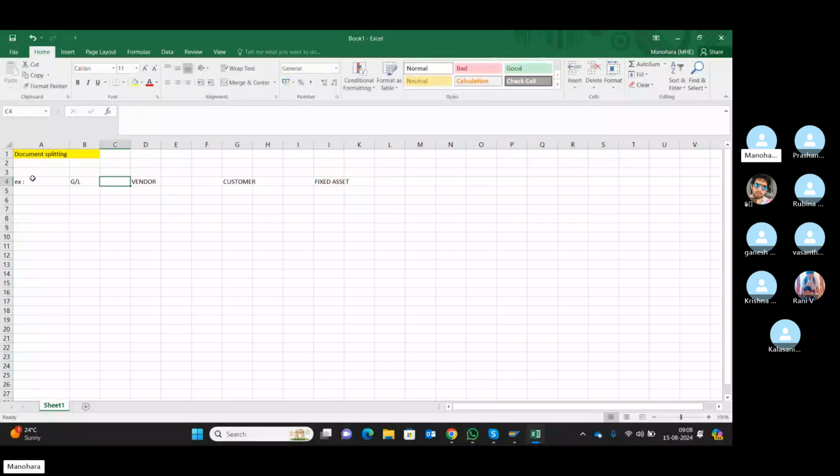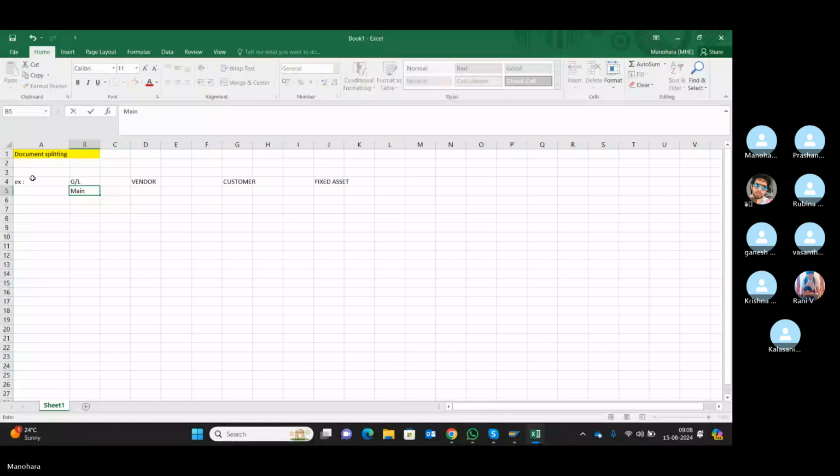So this GL ledger, is it a main ledger or sub ledger? Can anyone tell? Is GL a sub ledger or main ledger? Main ledger only. This is the main ledger.